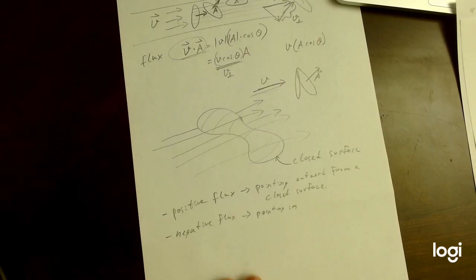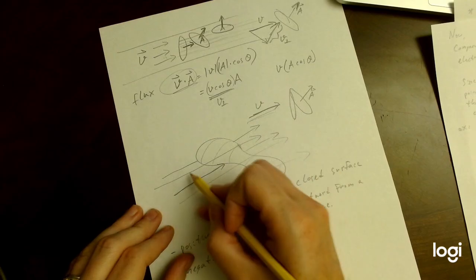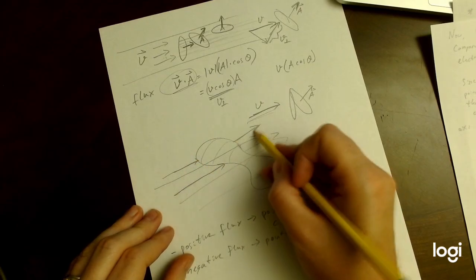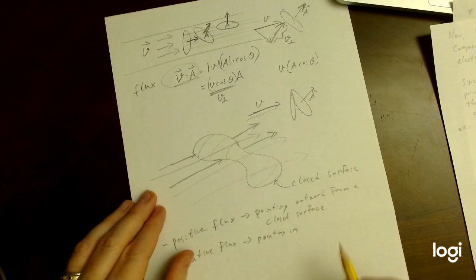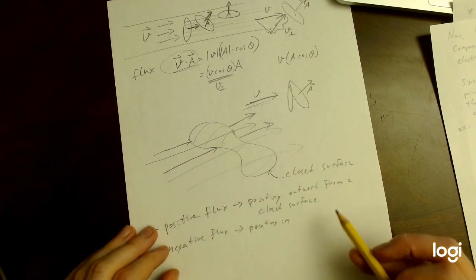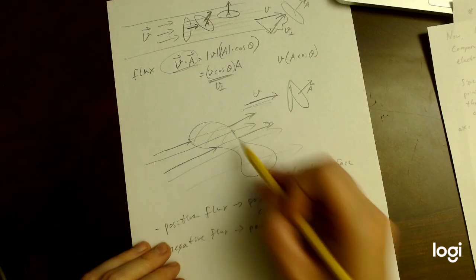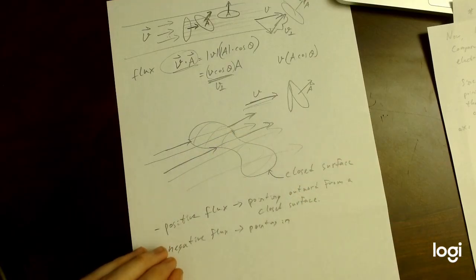So it's entering into. So the way I drew this here, we have some amount of things going in, and then the same amount of things going out. So that's actually another important idea, that we can have maybe zero net flux, because if everything that goes in eventually goes out of that surface, then that would kind of sum up to be zero.